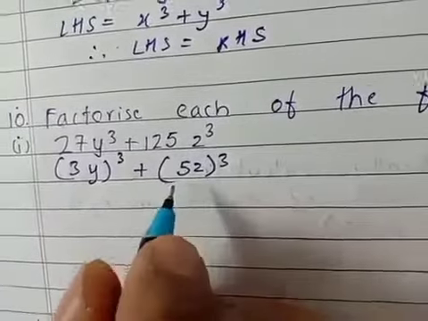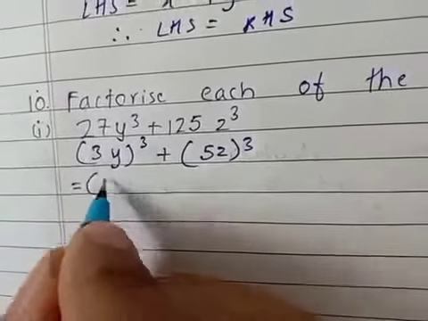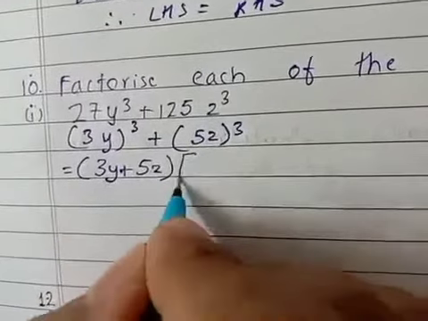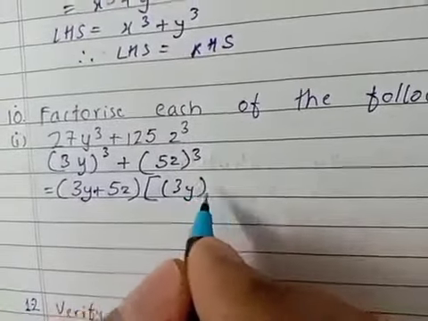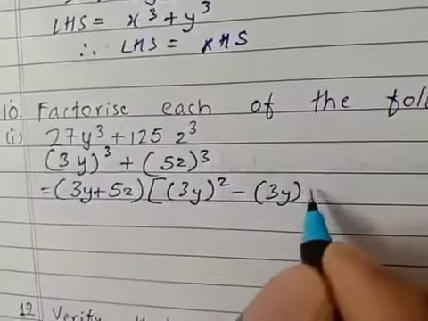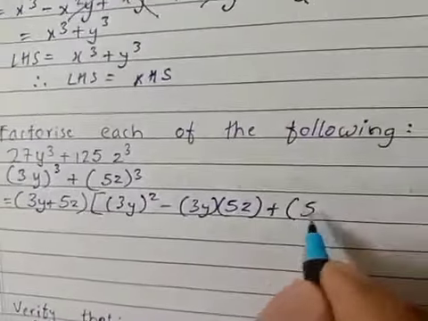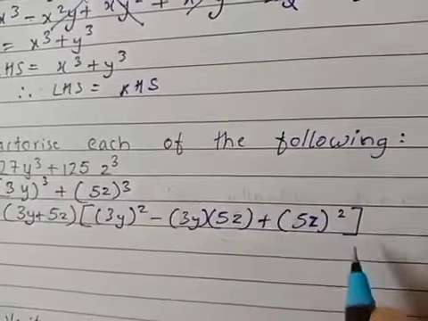So now this can be expressed as (3y plus 5z) into square bracket (3y) square minus 3y into 5z plus (5z) the whole square, bracket complete.